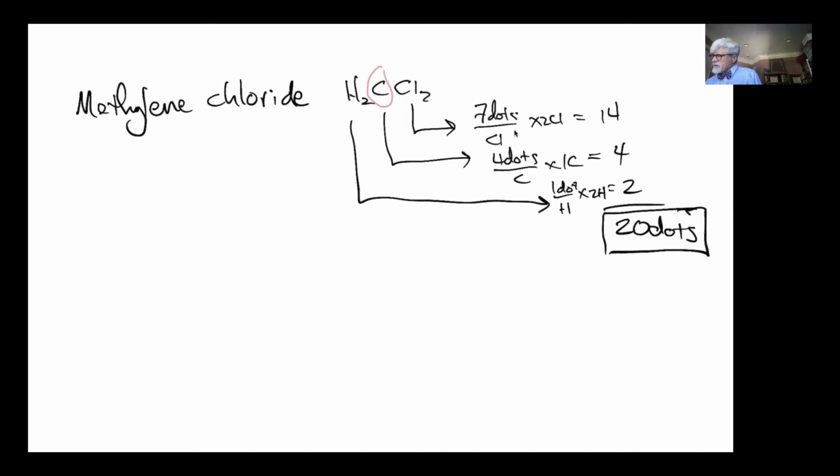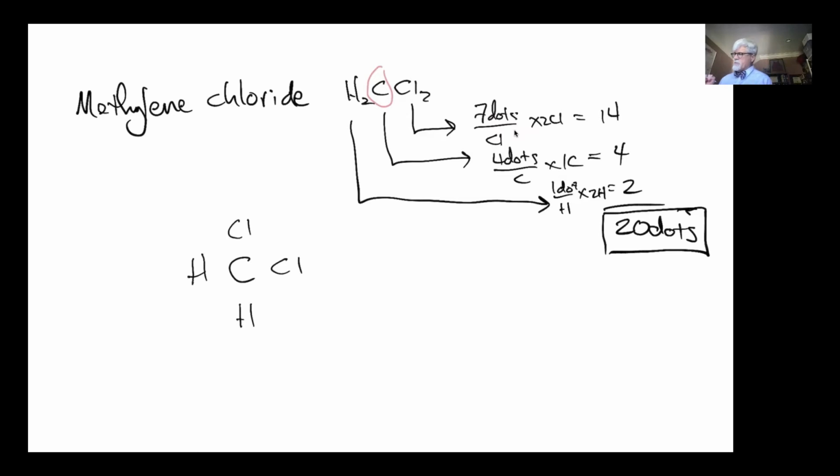Okay, we put carbon in the middle because it forms 4 bonds. The closer you are to the middle of the table, on the dot diagrams you put together last week, the closer you are to the middle, that's the element that's going to be in the center of your molecule. I'm going to put my hydrogens and my chlorines in a pattern that does not make a difference.